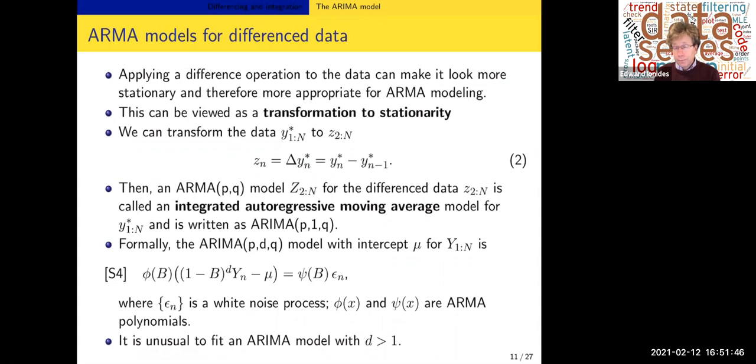So you can try different degrees of differencing. It's somewhat unusual to fit an ARIMA model with d greater than 1. So if you do want to fit d greater than 1, the burden is on you to show quite clearly that's a good thing to do.